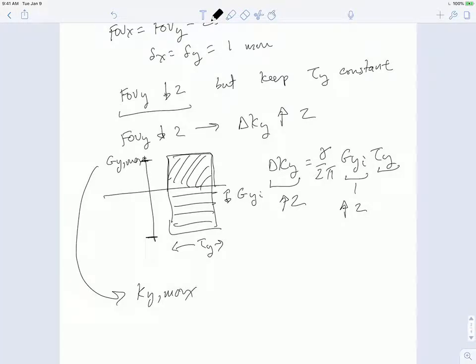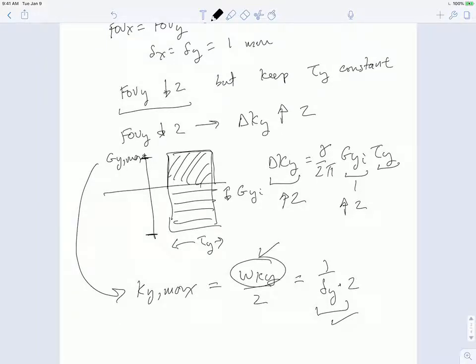So it directly controls that, and that's just equal to half of the width in k-space, right? And that's equal to 1 over delta y over 2, right? Okay. So this stays the same, right? This delta y stays the same because you're given that in the problem. Therefore, this stays the same, and therefore this doesn't change. Okay. So if one of the options was change the maximum gradient, then that would not be the right option.